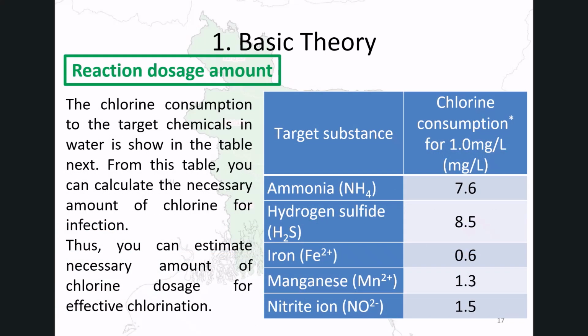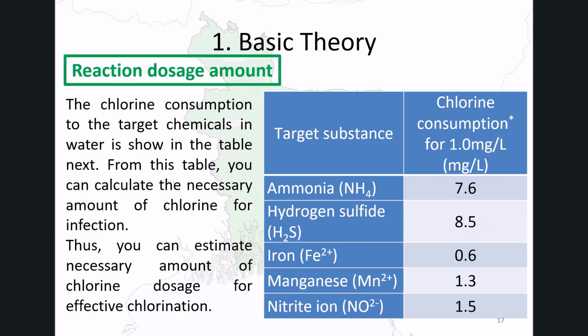This table shows how much chlorine is consumed by different substances present in water. Substances such as ammonia, hydrogen sulfide, iron, manganese, and nitrite all react with chlorine before it can act as a disinfectant. For example, ammonia consumes a large amount of chlorine.